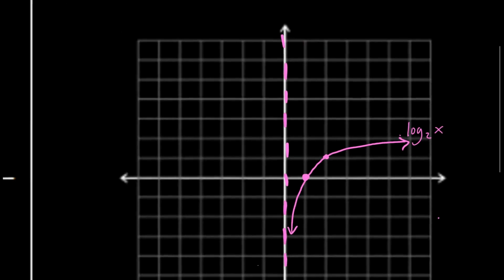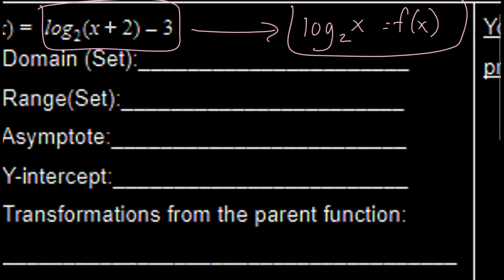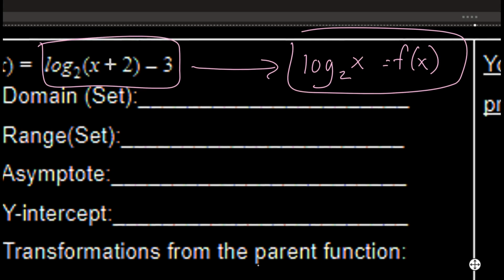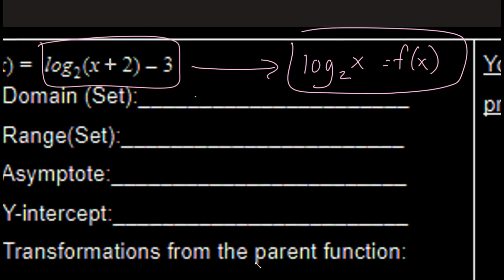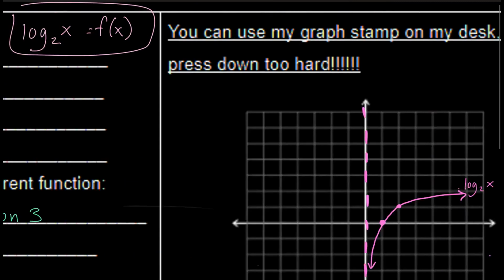What changed with the function we are trying to graph? Let's look at it. What does this plus 2 make it do? It translates left 2. And what does the 3 make it do? Down 3. So, what exactly are we moving left to?